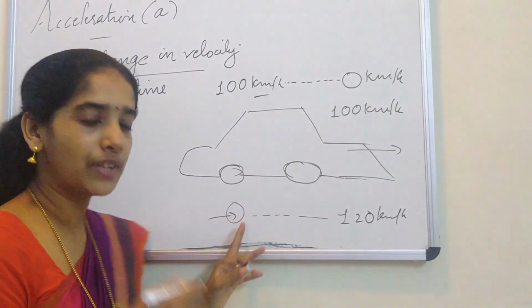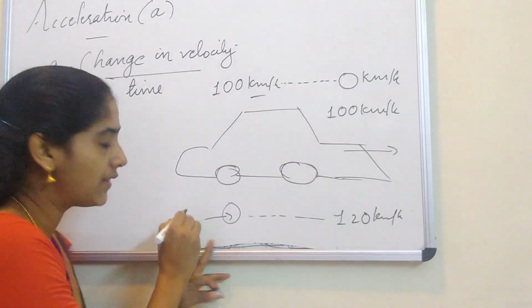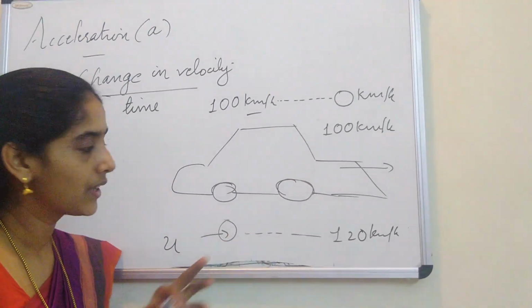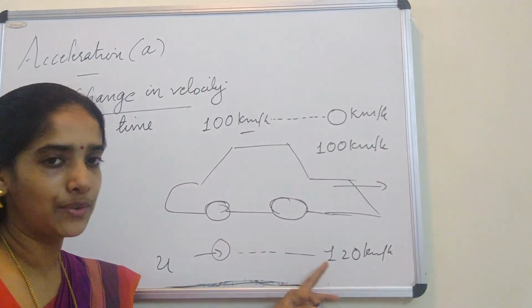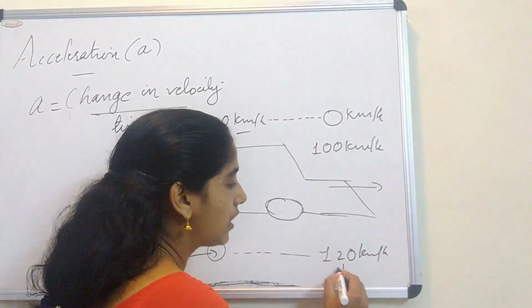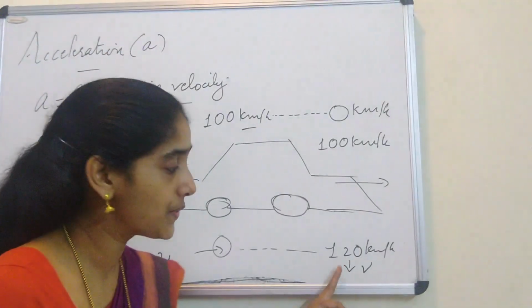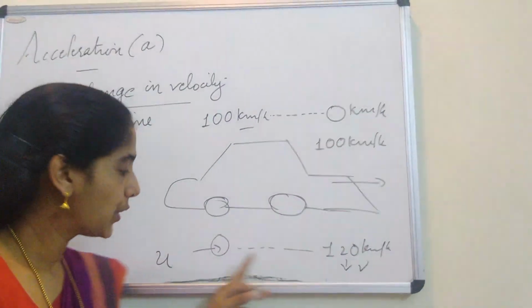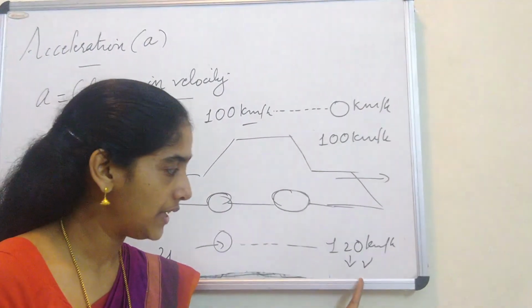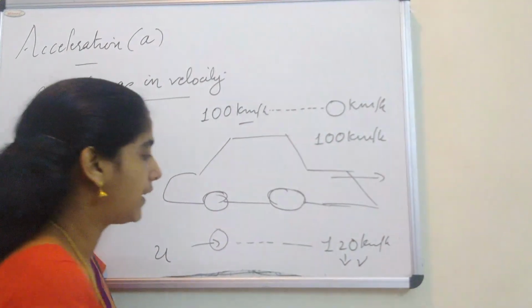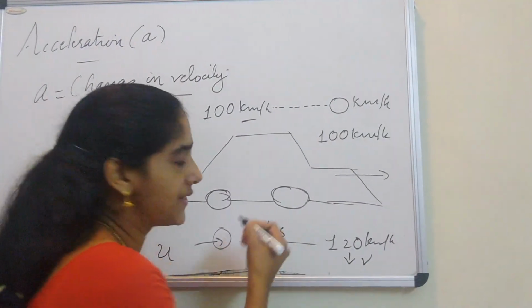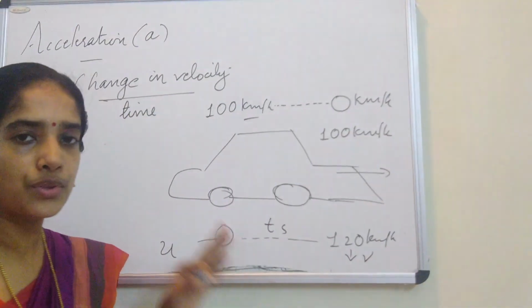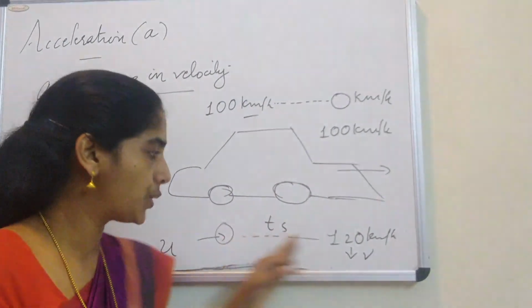This is called initial velocity, and the symbol for initial velocity is a small u. After a while, the velocity of the car becomes 120. We call this the final velocity, and the symbol is v. u is initial velocity and v is final velocity. Suppose time t seconds is taken for changing the velocity from u to v.